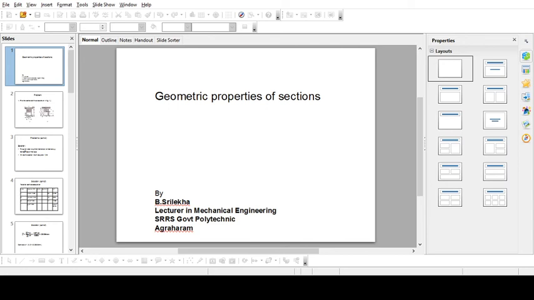A2 is 800. Now coming to the centroid, the x term is 2b by 3, nothing but 2 into 80 by 3.